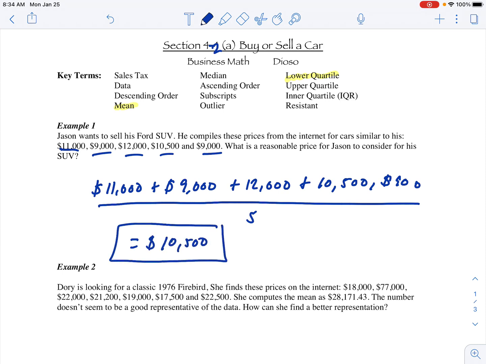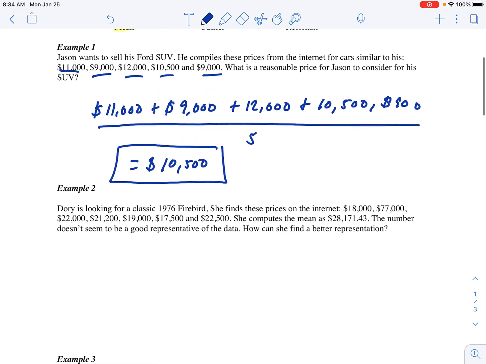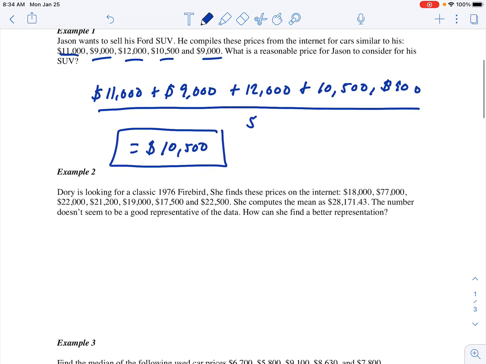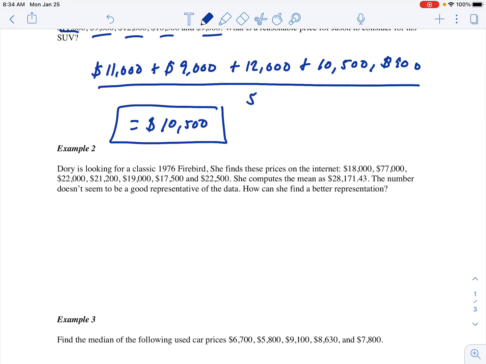Okay, so that is what we want to look at charging. Now you may have a better condition one, so you might want to look to charge closer to 12,000. It all just depends on the condition of the automobile. But that's kind of like your base, what you would be looking to charge.